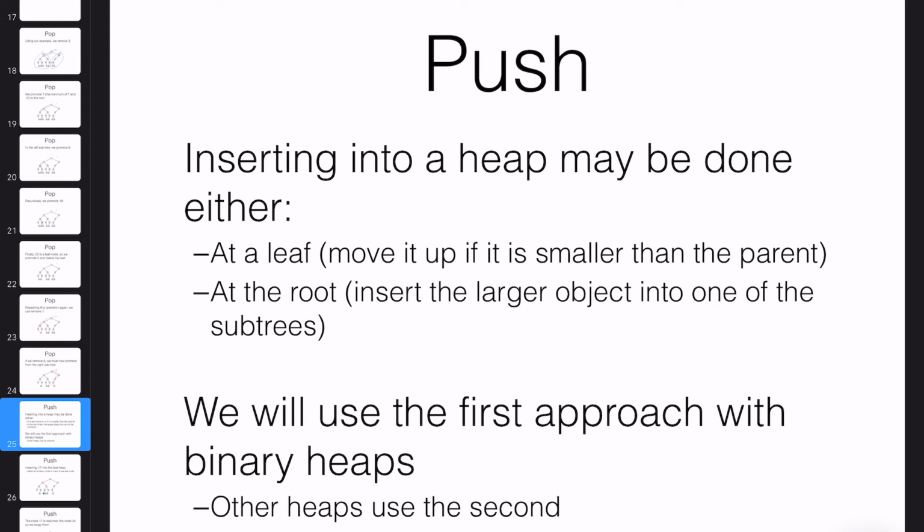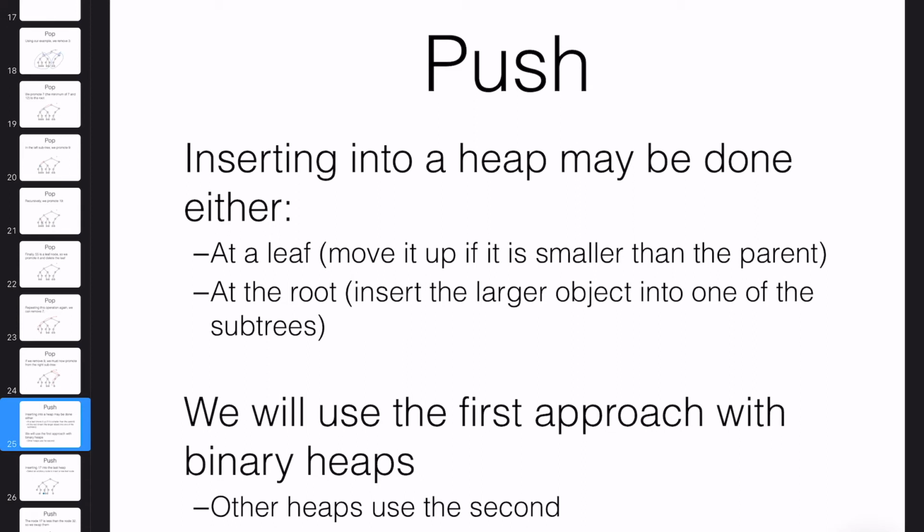You can compare it to the root and see that if it is smaller than the root, you would replace it in the root, and then you try to insert the root. It's just like you are pushing the root down in the tree. You want to push it into either the left or right subtree, and you just continue.